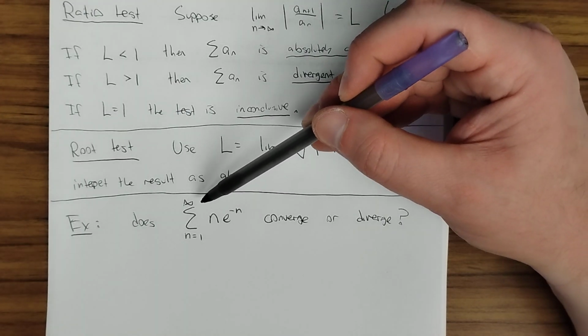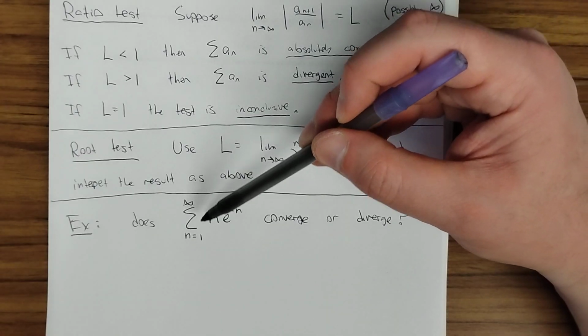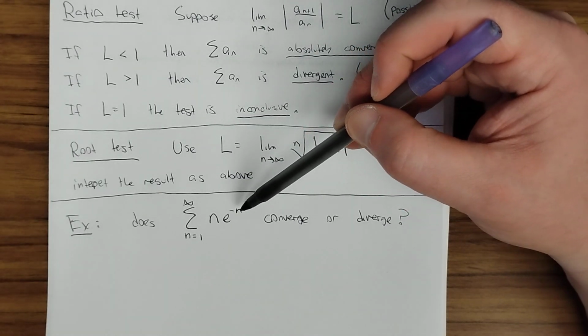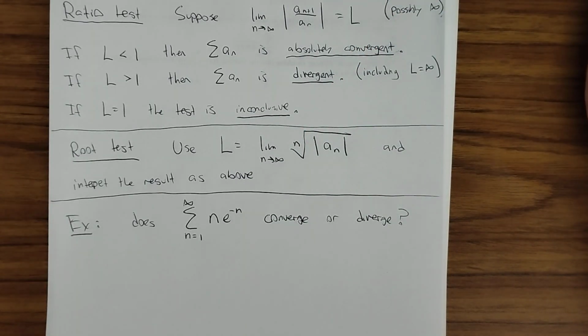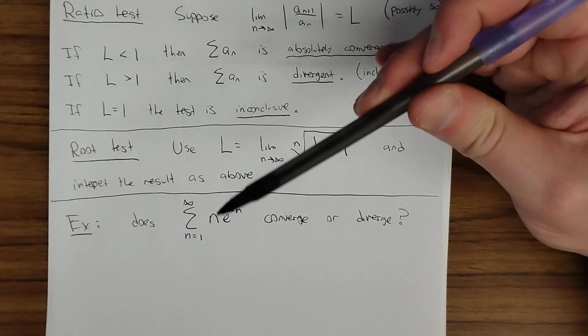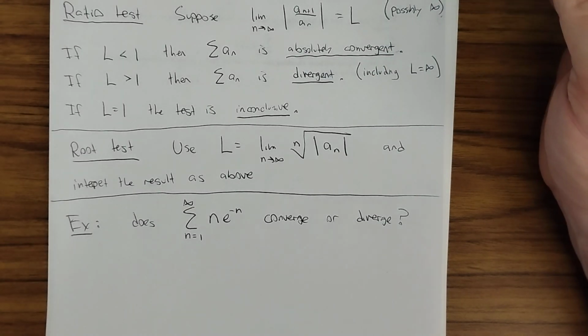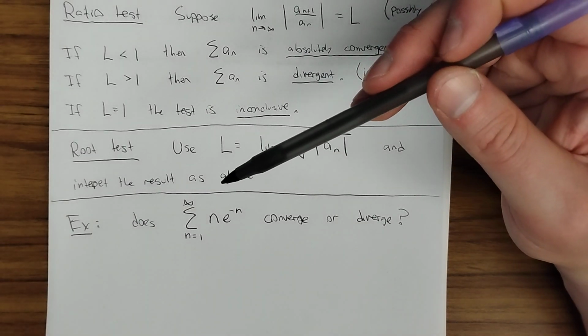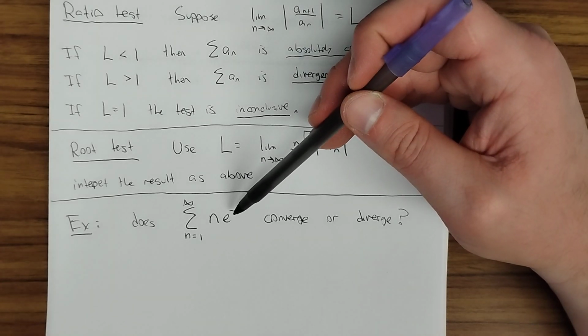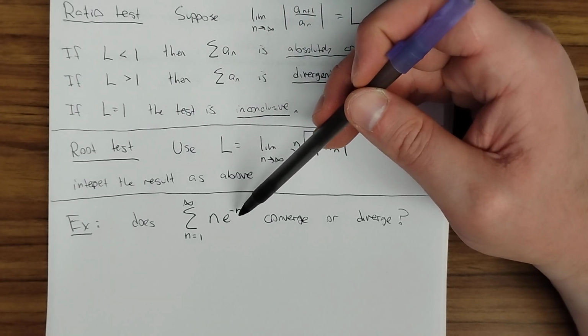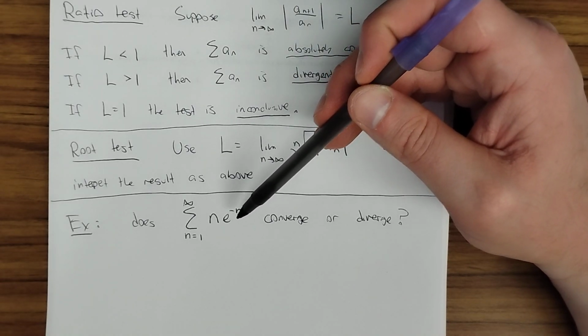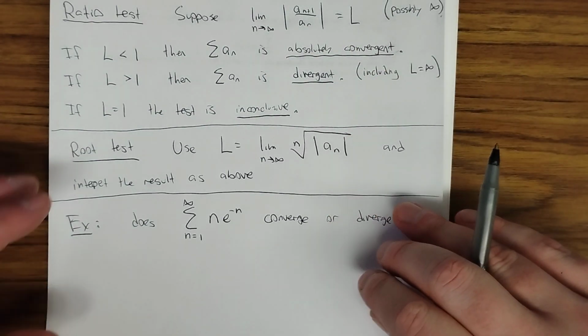Then we have to do the improper integral of x e to the negative x, which requires integration by parts and L'Hopital's rule, and it was quite a bit of work. So let's look at the same series again, and we're going to be able to conclude really quickly what this does using the ratio test now that we know it.